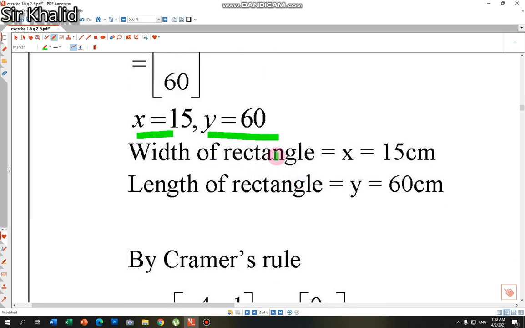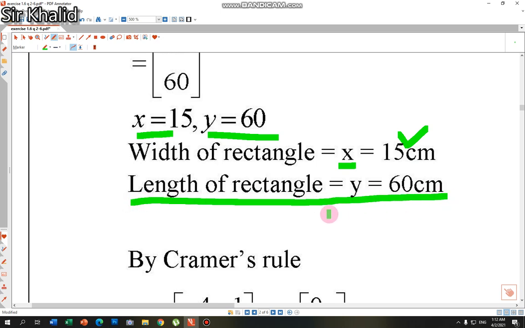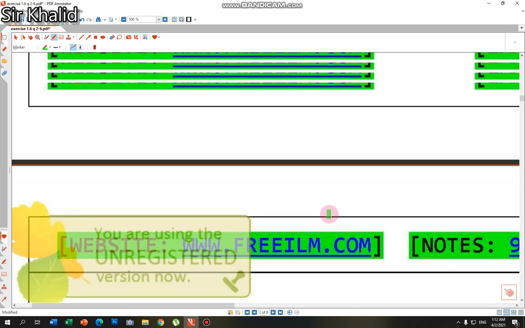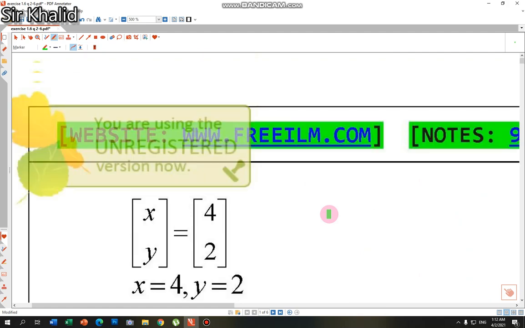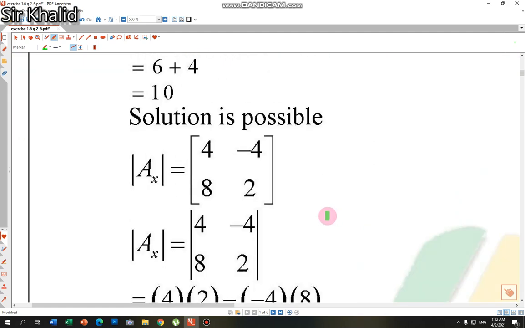Now I supposed the width of the rectangle as x, so the width of the rectangle x is equal to 15 centimeters, and I supposed the length of the rectangle as y, so the length of the rectangle y is equal to 60 centimeters.